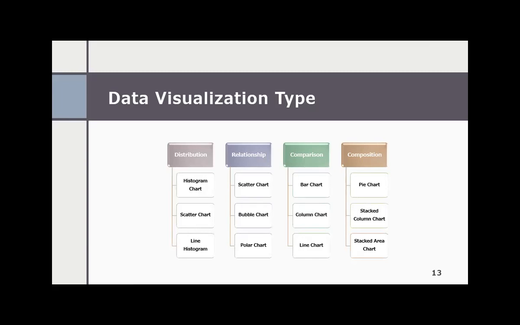For example, data distribution is best depicted via histogram chart, scatter chart, line histogram. Data relationship uses scatter chart, bubble chart, or polar chart. Data comparison is well represented by a bar chart, column chart, or line chart. And data composition is good via pie chart, stacked column chart, or stacked area chart.